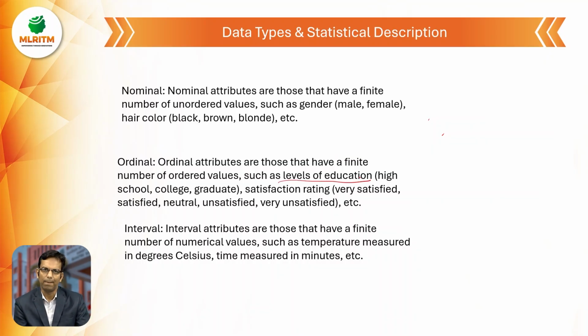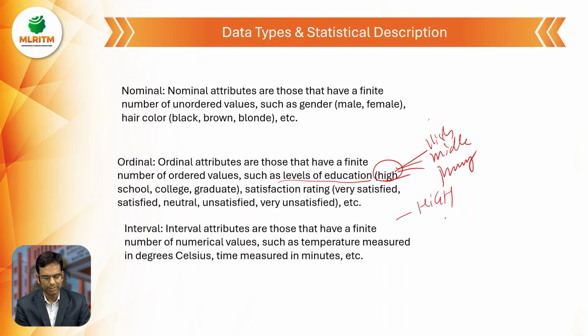In the levels of education, I have categorized them through three columns: high, middle school, primary school. This is one example. We have selected the total education system. The total education system has high level study, college level study, high school level study, then postgraduate level study.